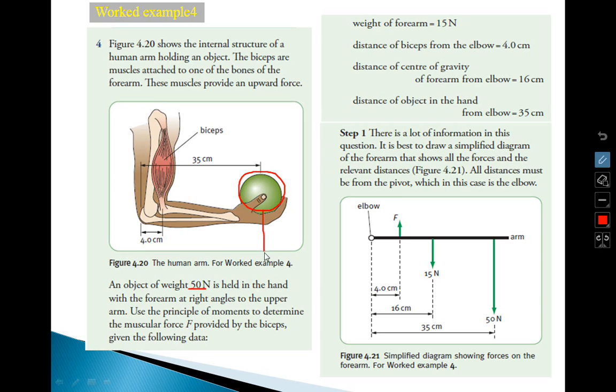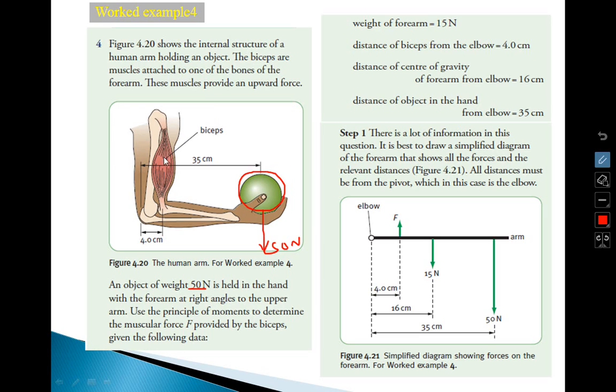So there is a force here, 50 Newton, sorry, with distance equal to 35 centimeter from where? The elbow. In the internal structure of a human arm holding an object, the biceps are muscles attached.